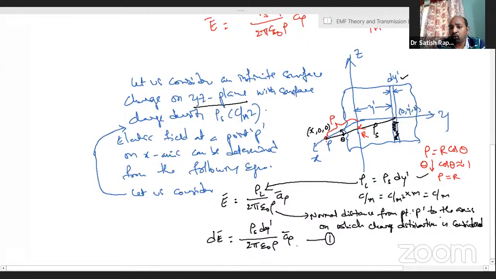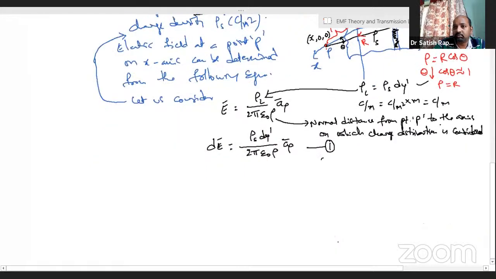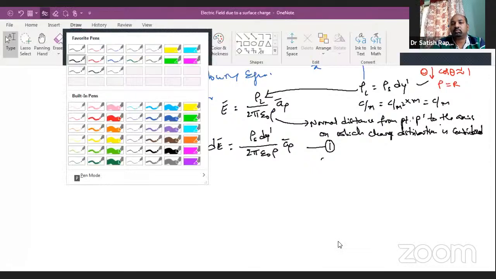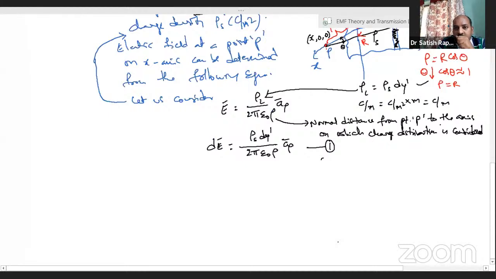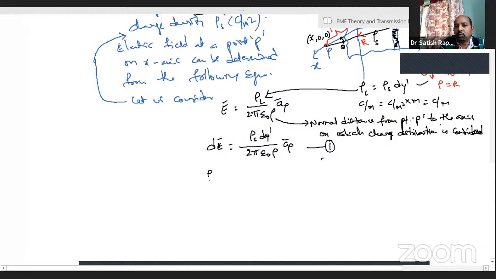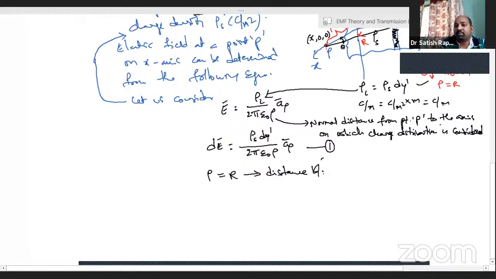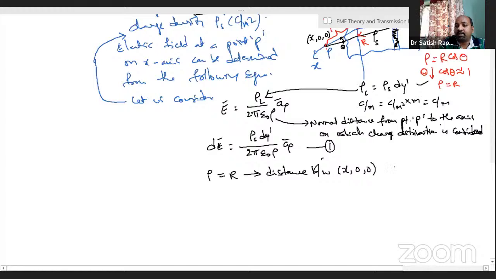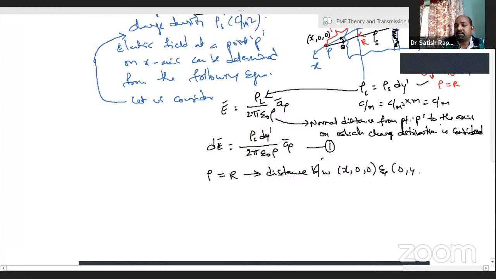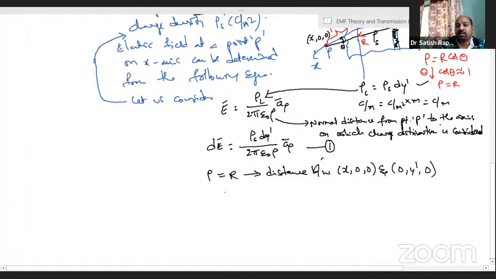And now rho, as we know, is the normal distance, and rho is nothing but r, where r is the distance between (x, 0, 0) and (0, y', 0).